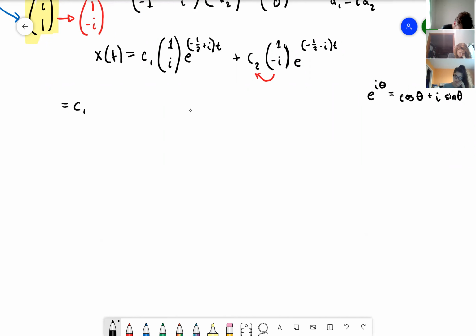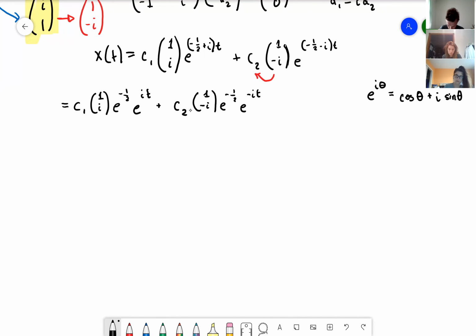It's going to be C1 times (1, i). Now I'm going to do a rewriting step first. So this is e to the minus 1/2 t times e to the it, just by the rules of exponents, plus C2 (1, -i) e to the minus 1/2 t. So that's the real part of this exponential, and then e to the minus it, that's the imaginary part of it.